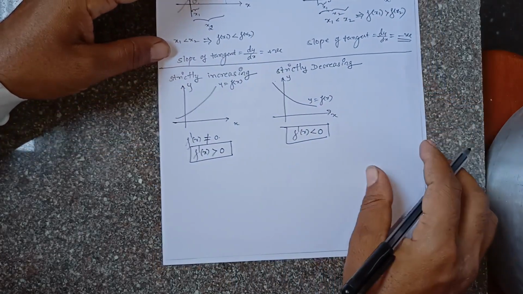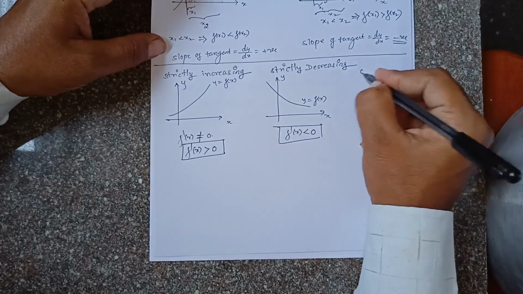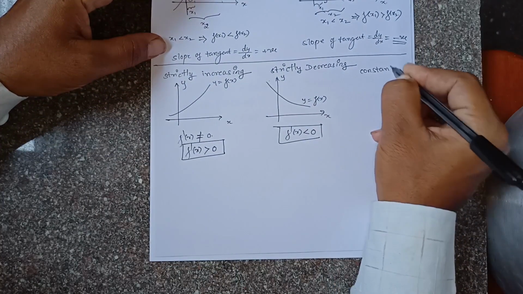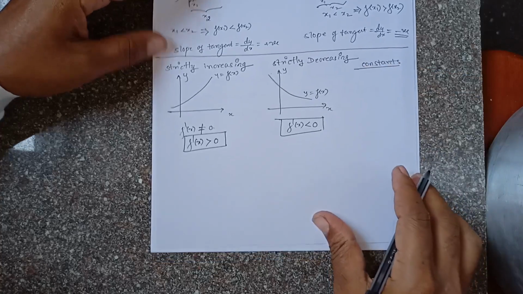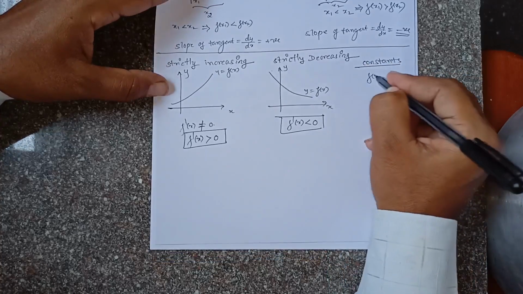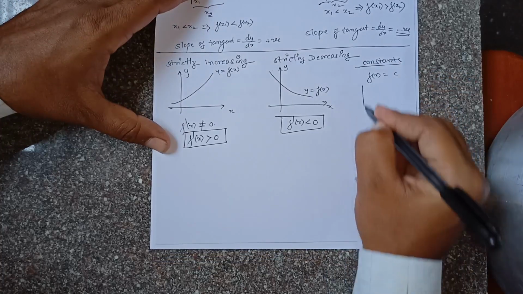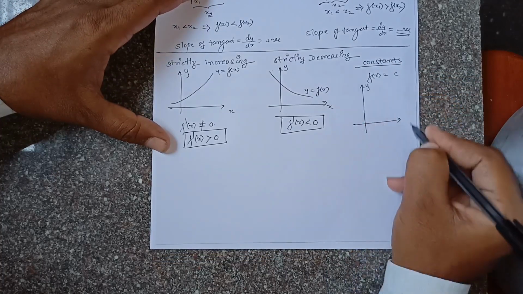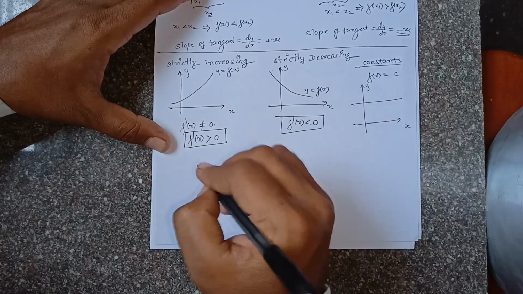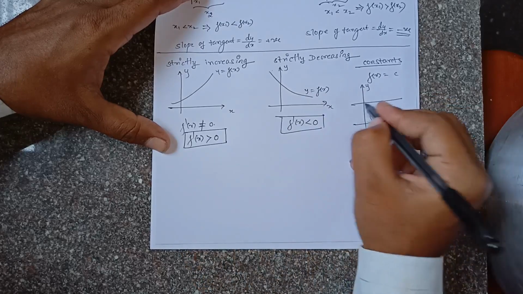Then what about constant functions? Are constant functions increasing functions or decreasing functions? Let us take the graph of f of x is equal to some constant c. On the y-axis and x-axis, if you draw the graph, it will be like this. This distance is c.